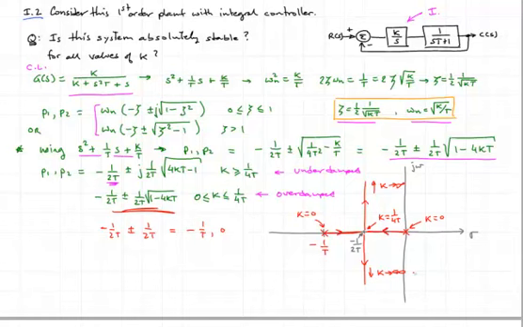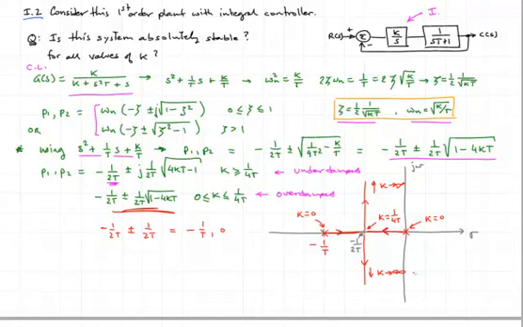So this shows the locus of points on the s-plane where the closed loop poles of this system could lie as a function of k. And we see that for small k, the system will be overdamped, and it will remain overdamped until k equals 1 over 4t, at which point the poles become complex conjugate.